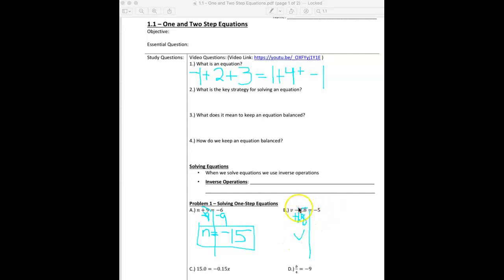Then over here, if I add 1.8 to one side, I have to add 1.8 to both sides. So in doing so, v equals -5 plus 1.8, which is actually going to stay negative. It's going to be -3.2. So there's that one.